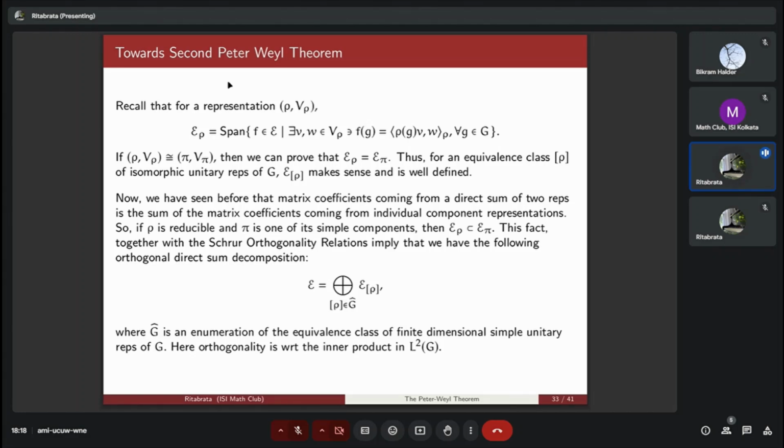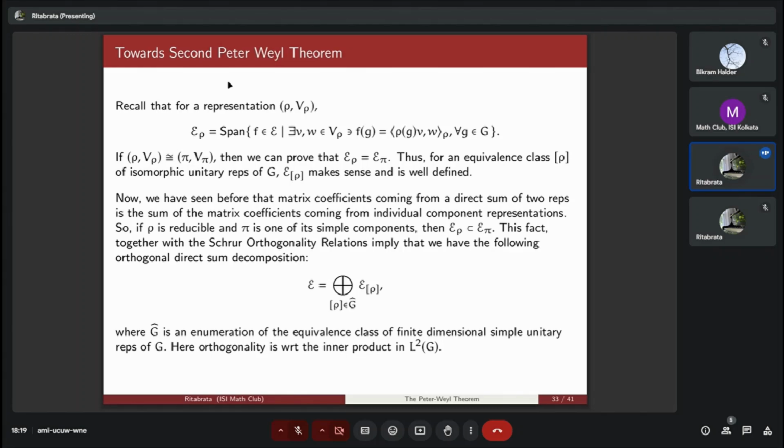Together, this fact with the Schur orthogonality relations implies that eta is a direct sum of eta rho, because for non-simple representations, we can write the matrix coefficients as a sum of matrix coefficients coming from simple representations. We write it as the sum of eta rho, where rho varies over all equivalence classes of simple representations.